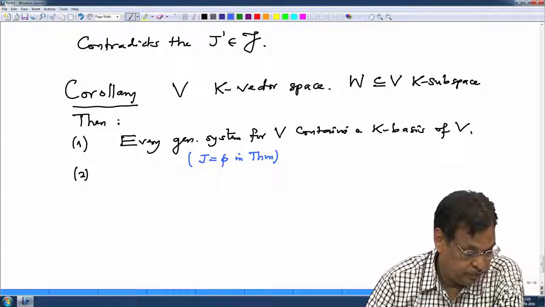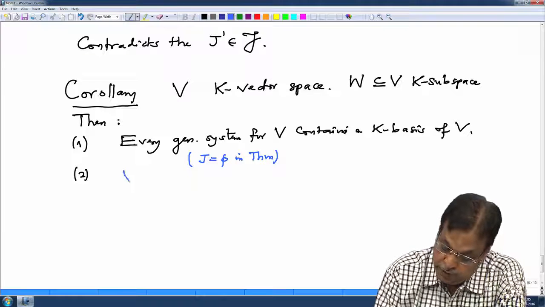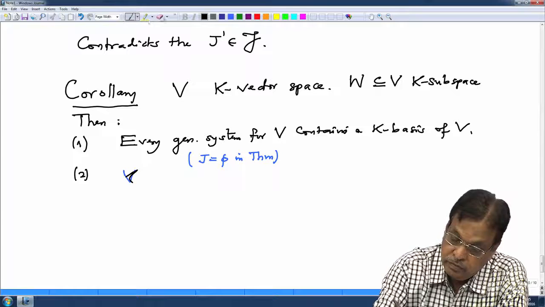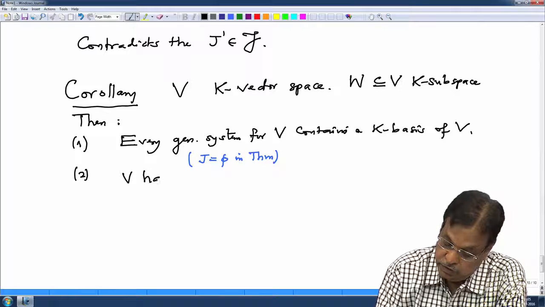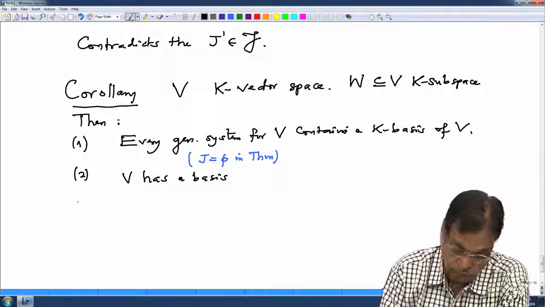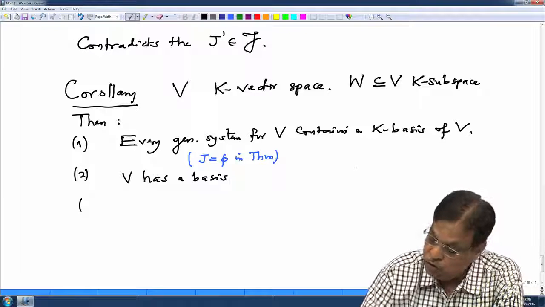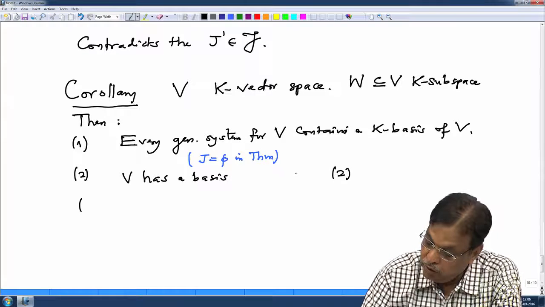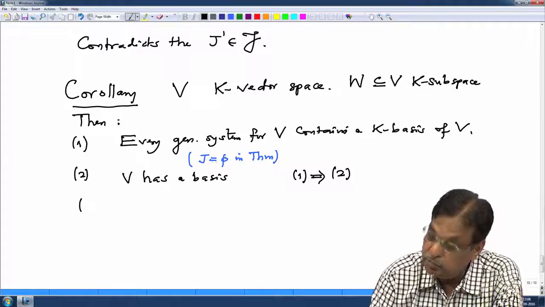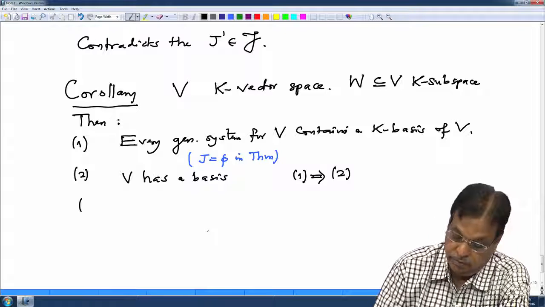So V has a basis. So these two, 1 implies 2 is clear. So 1 is the special case J equal to empty set in the theorem.